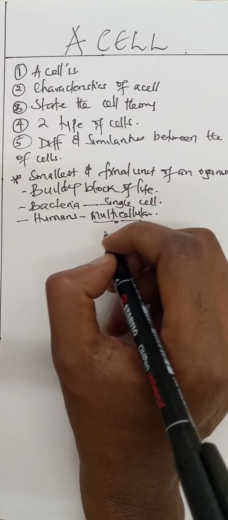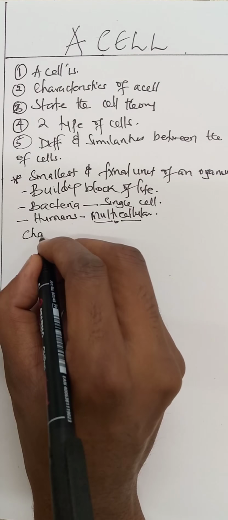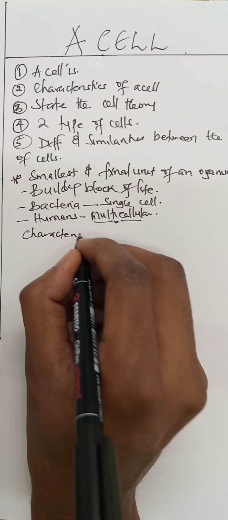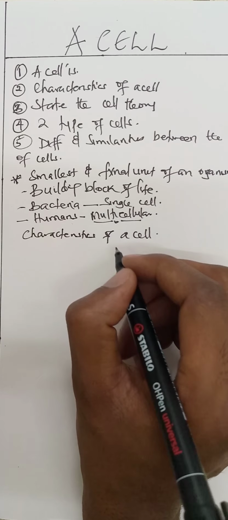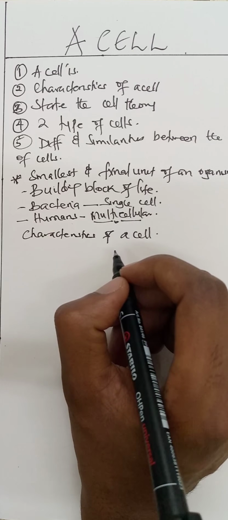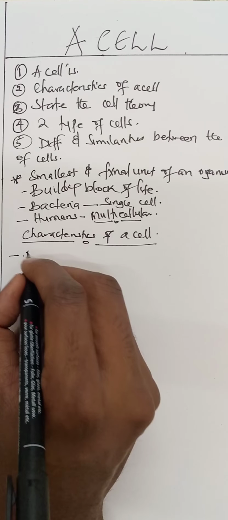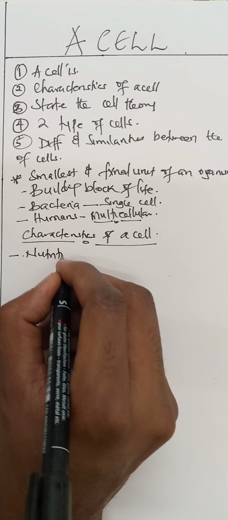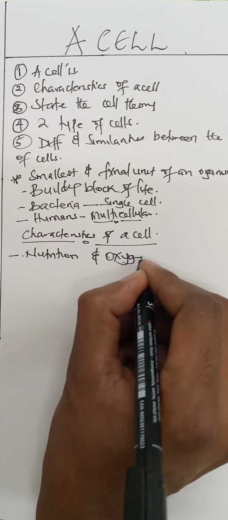So from that, let's look at the general characteristics of a cell. Number 1, we should be able to appreciate that all cells need nutrition and oxygen.